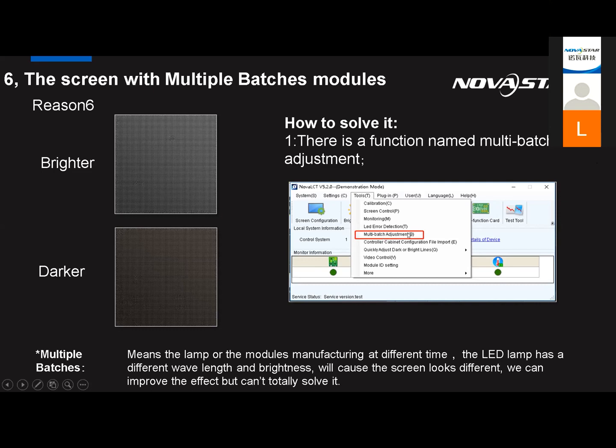It's very straightforward. You open multi-batch adjustment, choose a specific module, and adjust its red, green, and blue color. Turn it down or turn it up. Adjust each color and try to match the others.